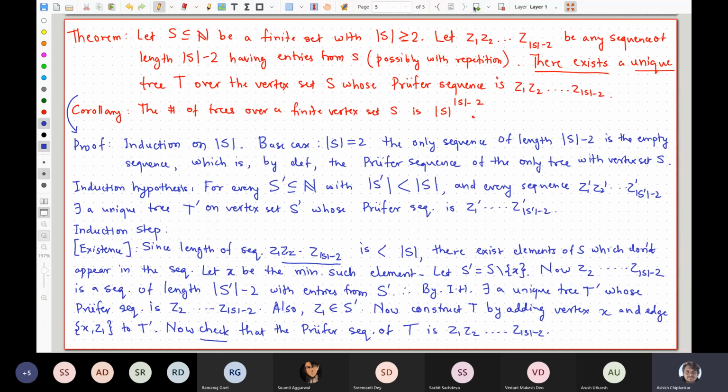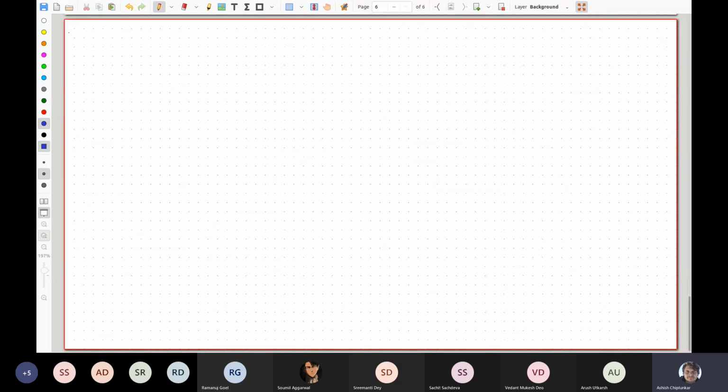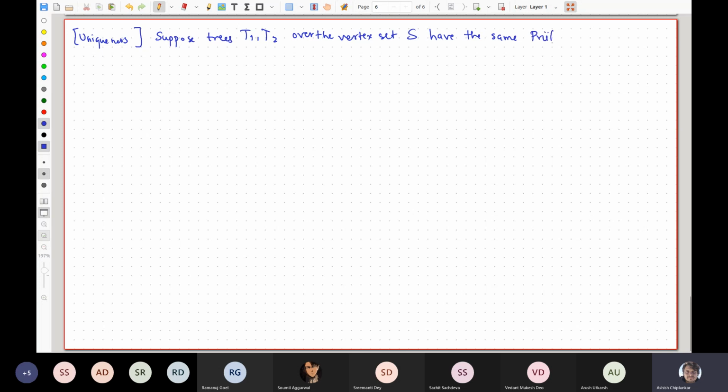Now uniqueness is also easy. Suppose trees T1, T2 over the vertex set S have the same Prufer sequence, let's say Z1 through Z size of S minus 2.